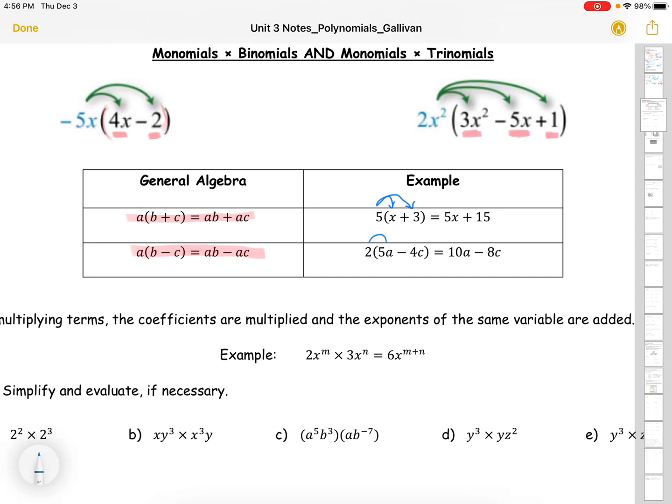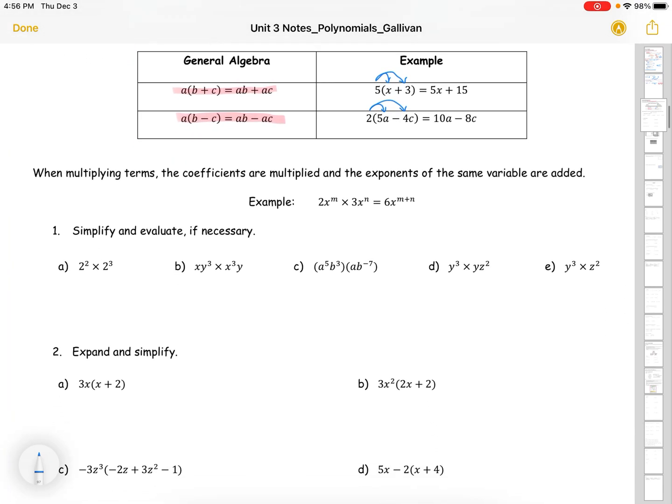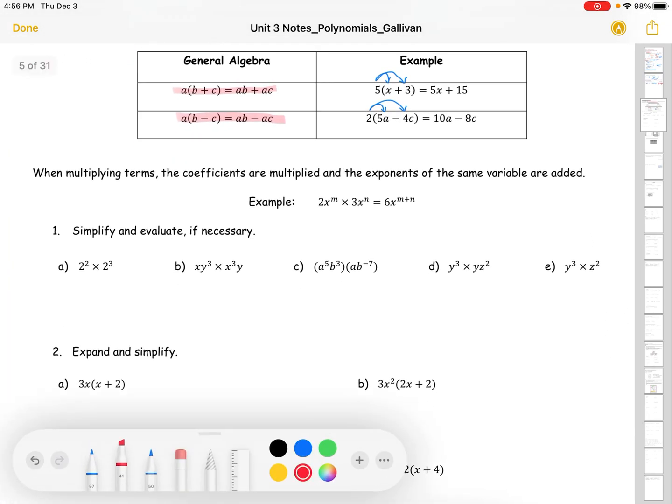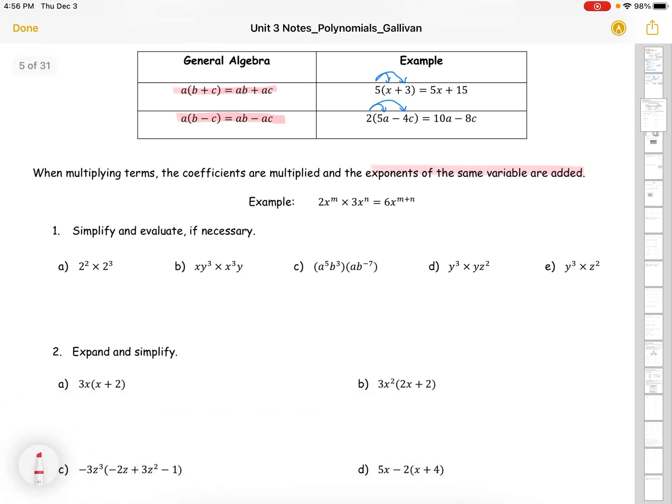Same thing works when we're subtracting. 2 times 5a is 10a. 2 times negative 4c is negative 8c, or minus 8c. Now, when you're multiplying terms, the coefficients are multiplied and the exponents of the same variable are added. Okay, that is our exponent laws from yesterday. So that's the multiplication law, right?